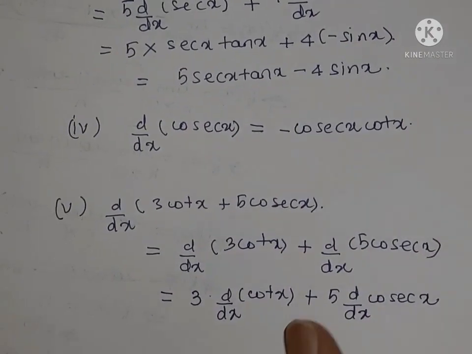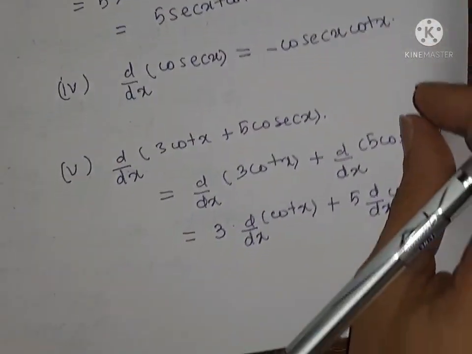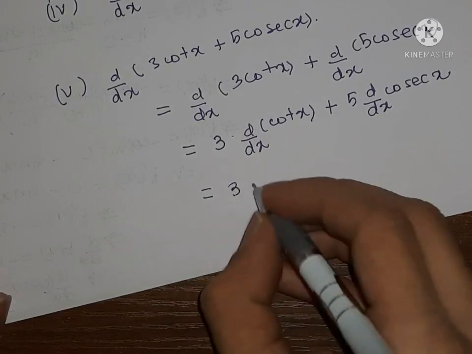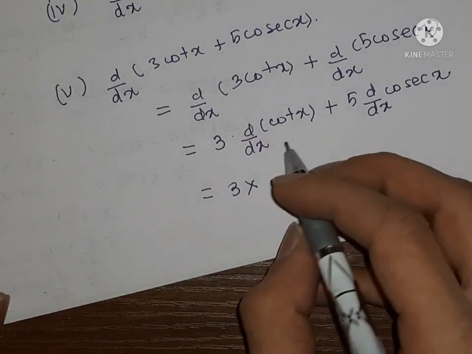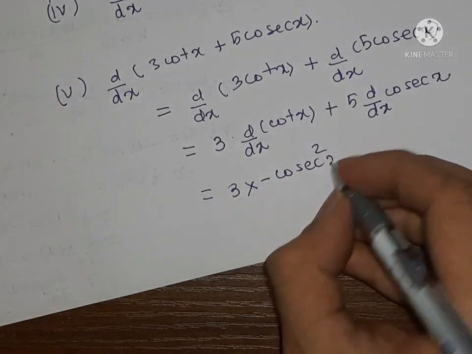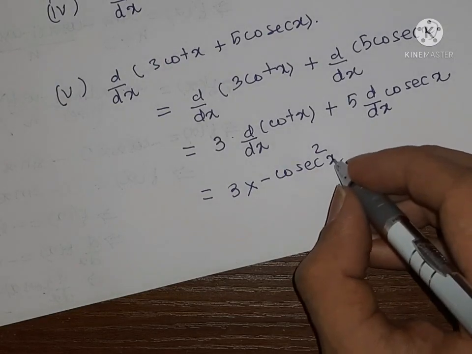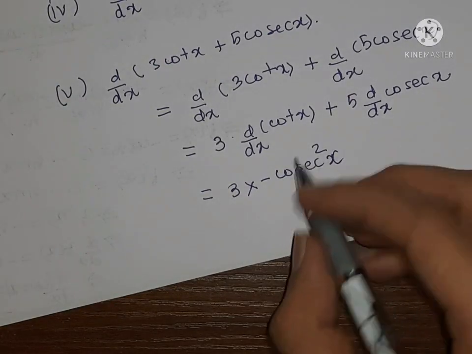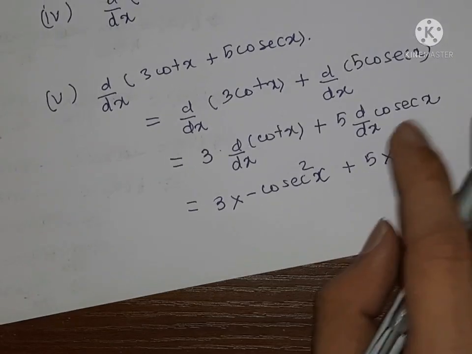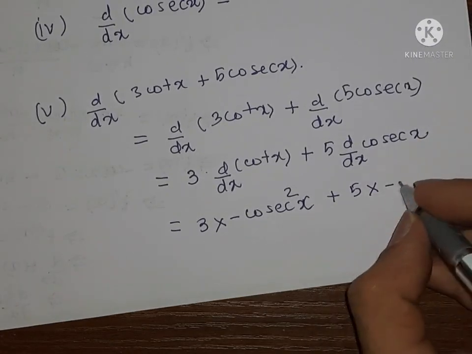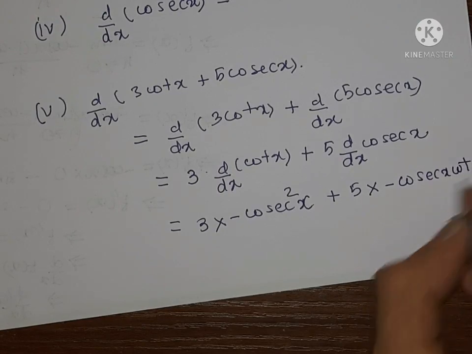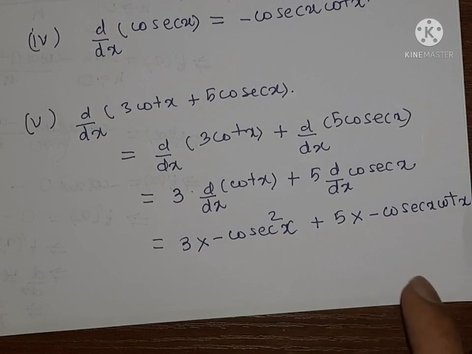Okay, so this will be equal to what? 3 times derivative of cot x is minus cosec square x. Okay, derivative of cot x is minus cosec square x, plus 5 times derivative of cosec x is minus cosec x cot x, right?